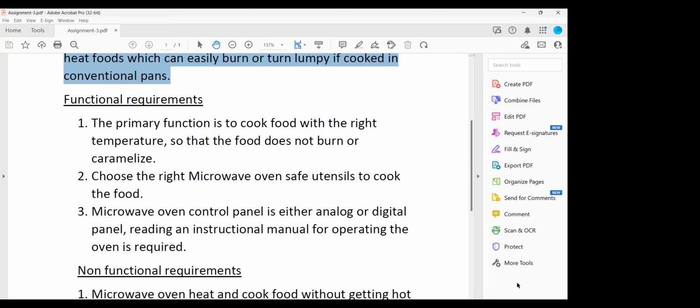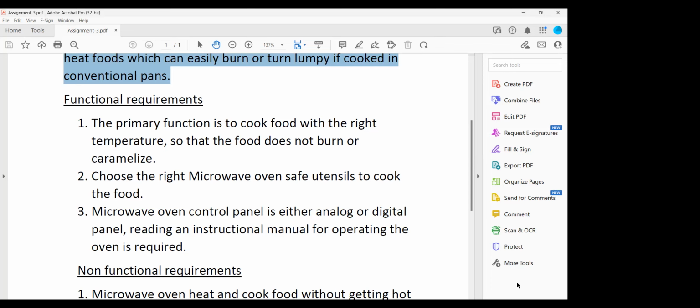Sir, the switch button should be in a working position. Okay, and then anything else specific to the microwave? Cooking and heating. It is a usage, not the functional requirement. So the size is a functional requirement.